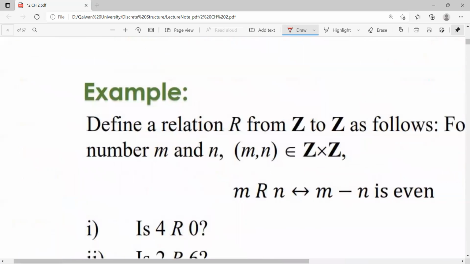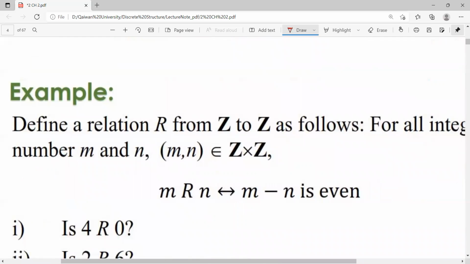Here we have another example. It says define a relation R. In the previous example our relation was L, and here it's R, from Z to Z. Z is the set of all integer numbers.